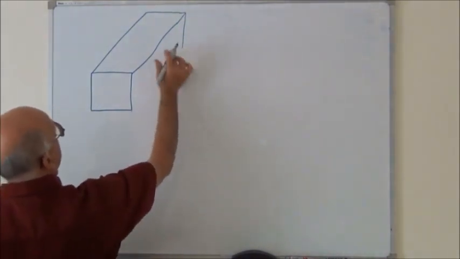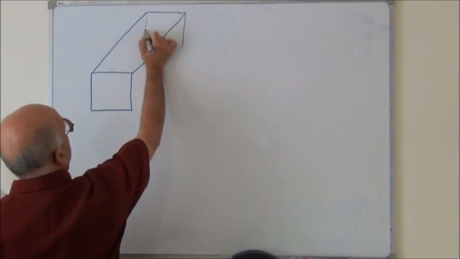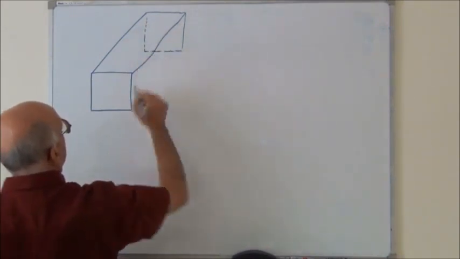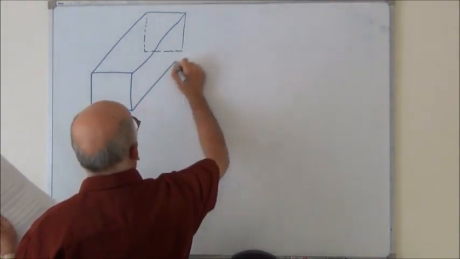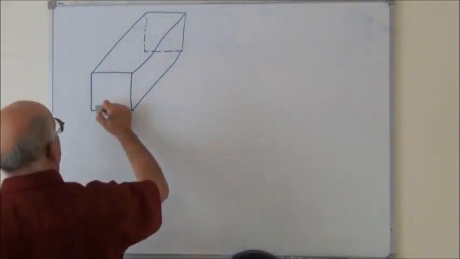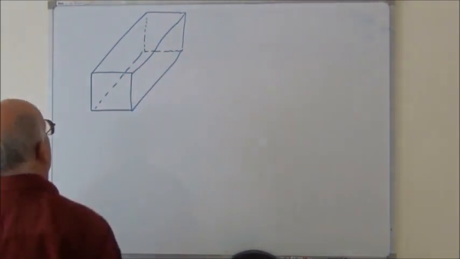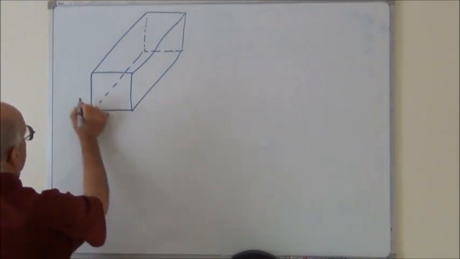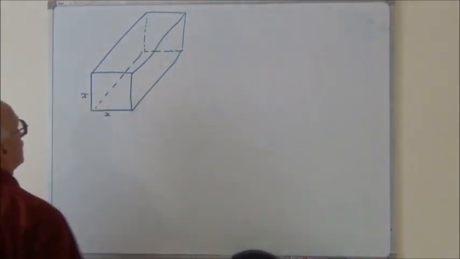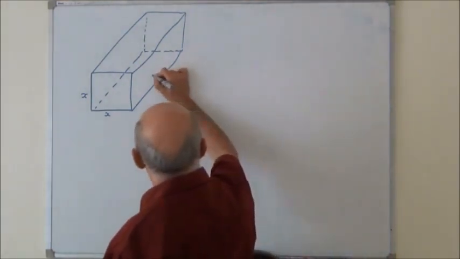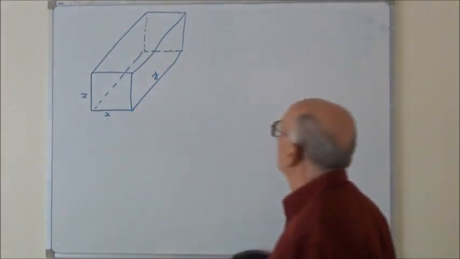Yeah, something like that, it looks like a box. Square ends, we don't know, let's say x and x. And the length of this box we will mark with y.